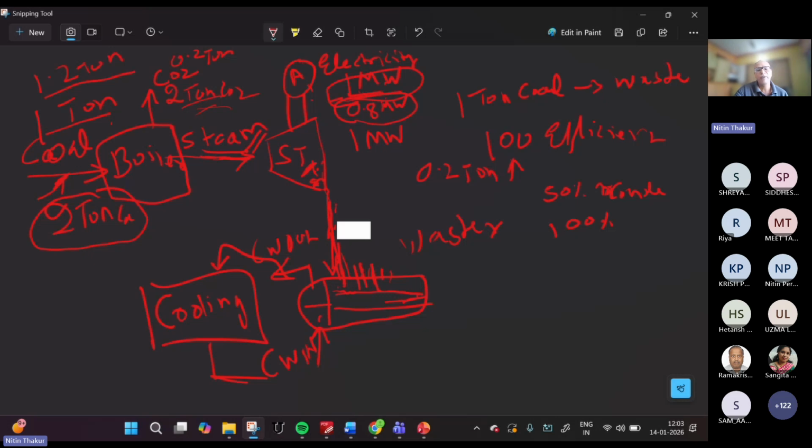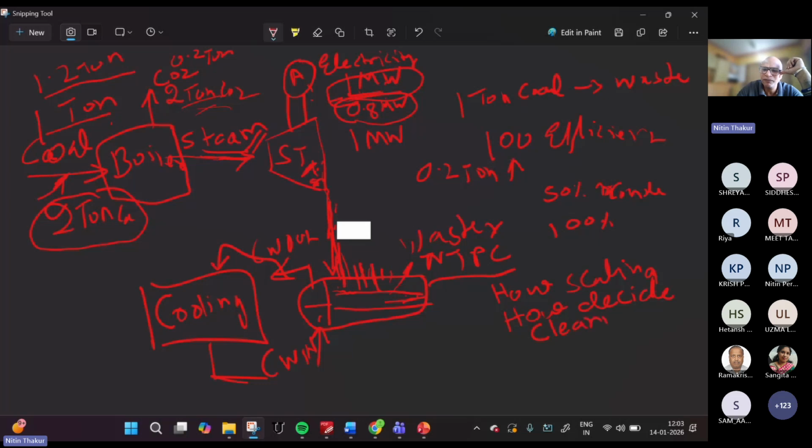So when we went with this thought process to the NTPC, they were like, yeah, on paper it sounds really good. But we really don't know how much the scaling in the condenser is, and how to decide when to do the cleaning of these condensers.